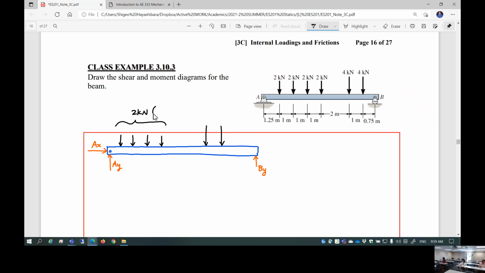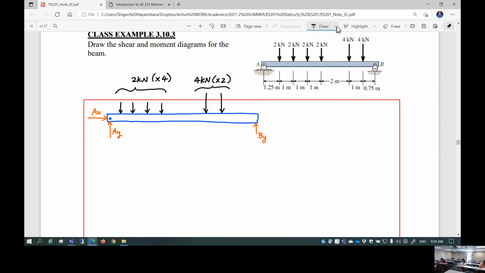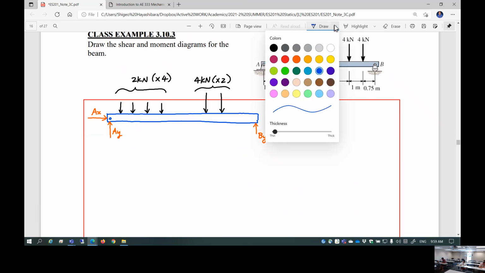2 kilonewton multiplied by 4. This is 4 kilonewton multiplied by 2. So lots of external loading applied. That's how much you know. And the first attempt is you try to find the support reactions.